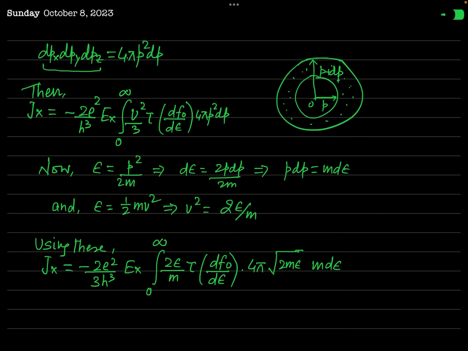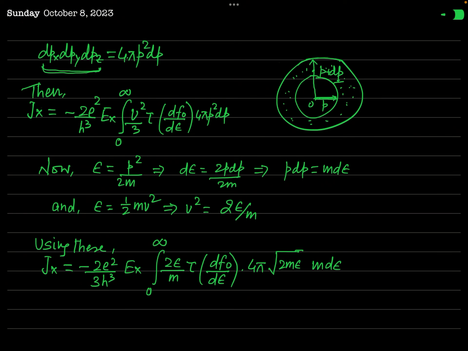You can see I have assumed here two spheres. The radius of the inner sphere is p and that of the outer sphere is p plus dp. So the volume of this shaded region is equal to this dpx, dpy, dpz. Okay, this sphere is in momentum space, not in physical space.